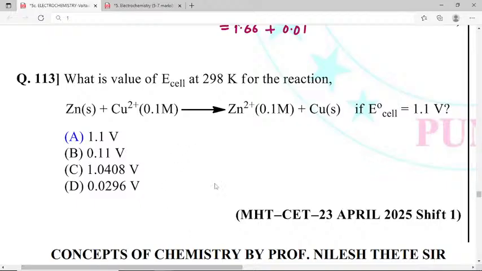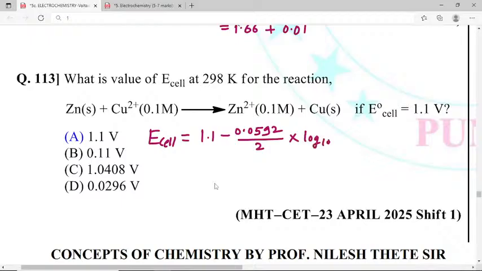What is the value of E cell by the Nernst equation? E cell is equal to E naught cell. What is the E naught cell? 1.1 minus 0.0592 divided by the number of electrons, 2, into log to the base 10 of the concentration of product divided by reactant.